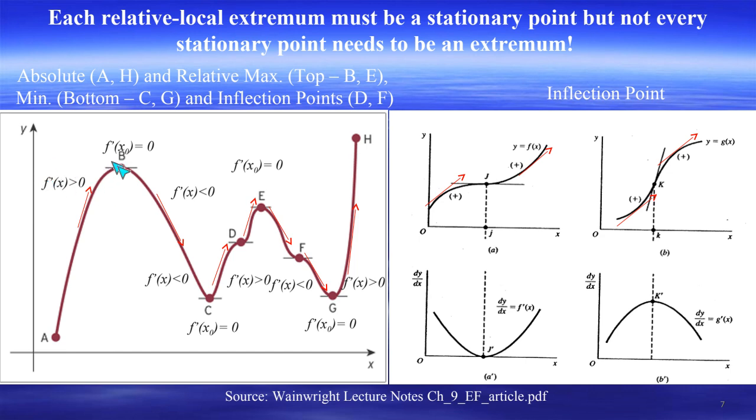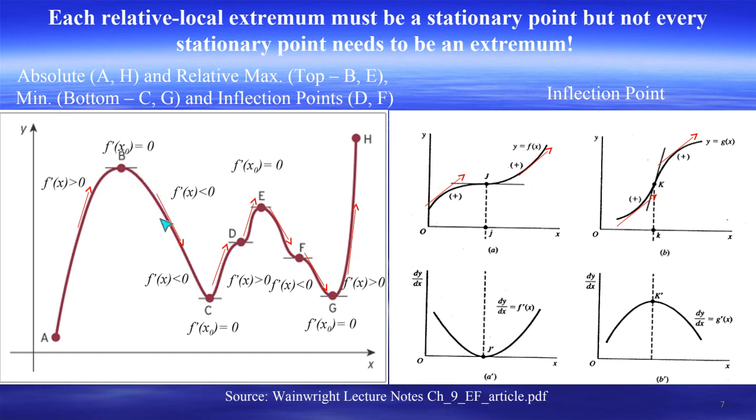The first derivative before the point x0, before the point B, is positive. At the very point B, the first derivative is 0. The tangent line is parallel to the x-axis. It becomes horizontal. The movement stops for one moment there.